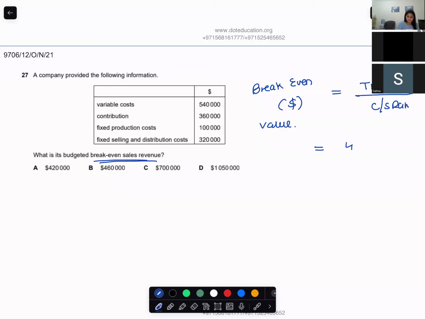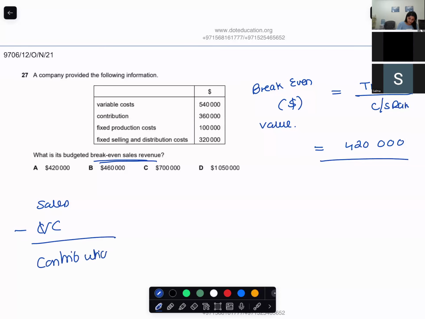The total fixed cost is 420,000. For the CS ratio, first the contribution is given, which is 360,000. And you have to find the sales, so you add contribution and variable costs, which is 900,000.